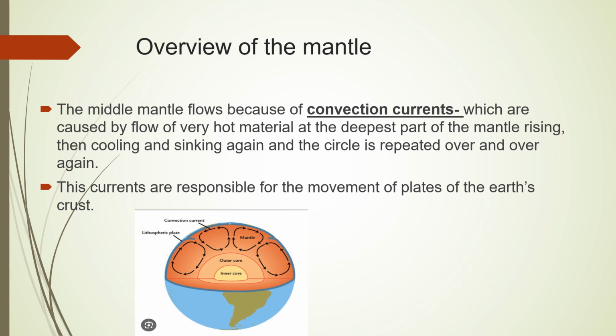A new concept is revealed to us: convection currents, which are caused by the flow of very hot material at the deepest part of the mantle, rising, then cooling, and sinking again, and the cycle is repeated over and over again.